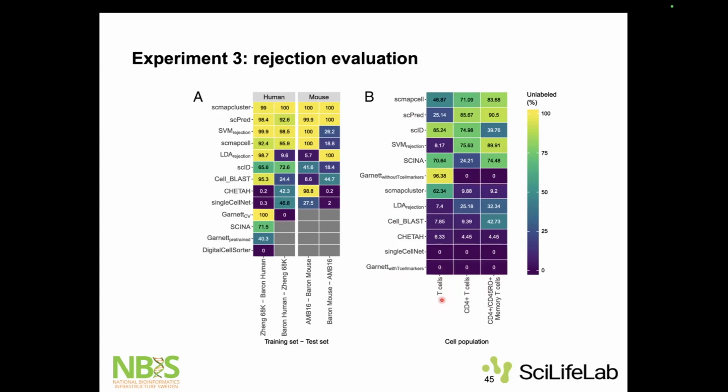We want that one not to be mislabeled as a different cluster. We want it to be rejected as unknown, so we can take care of that outside of the classifier. Here they took out the T cells from the training data and then tested on it, and they still saw that the classifiers are not really performing well.